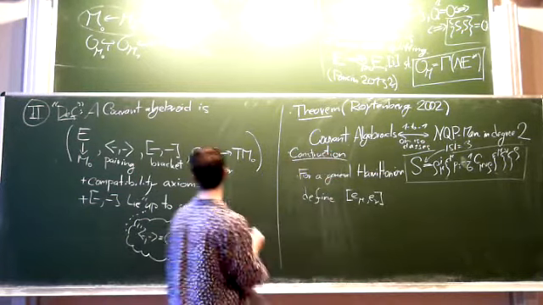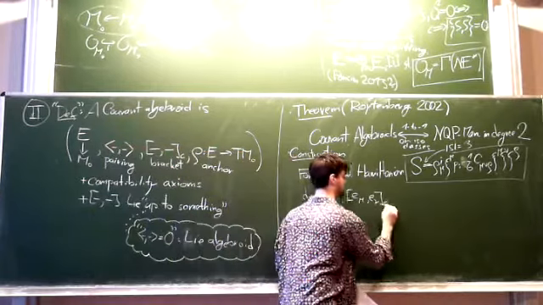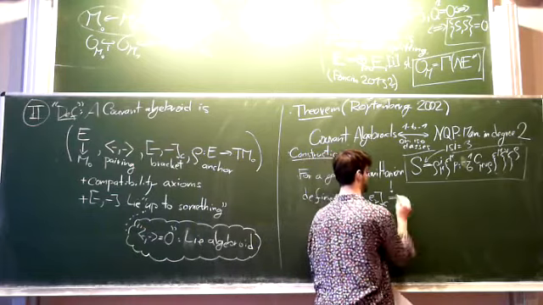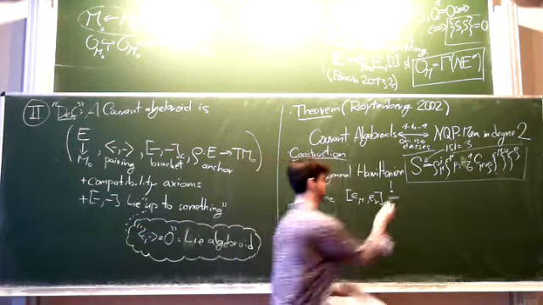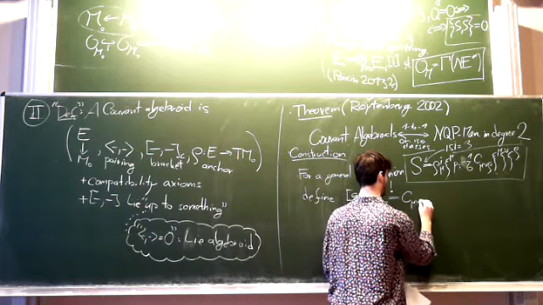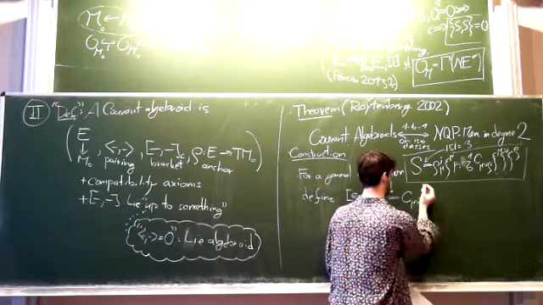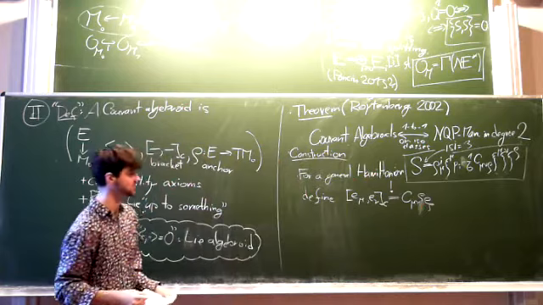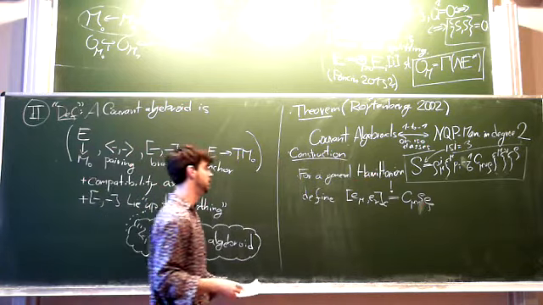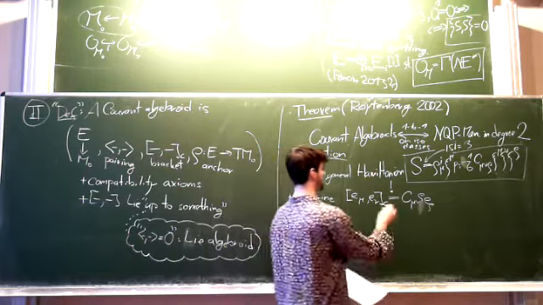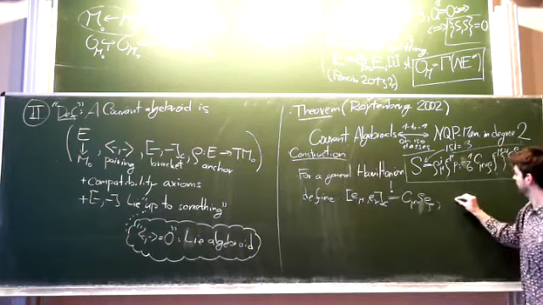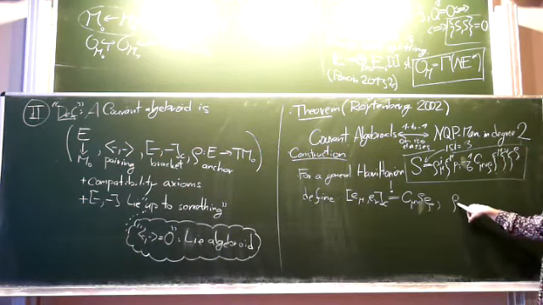So the bracket, one bracket, such that you have those structure functions. And the other part is the anchor. Similarly, you find the anchor, which in coordinates looks like this.